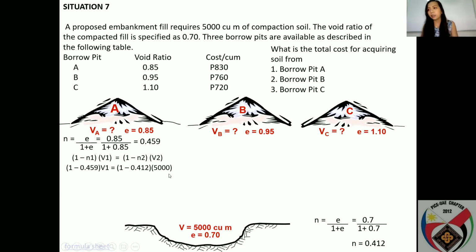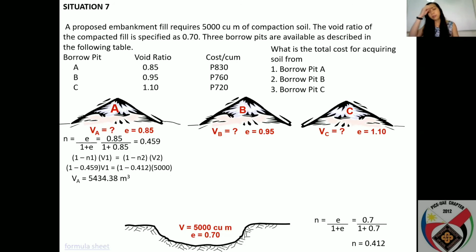Solving for V1, or V sub A, we have 5,434.38 cubic meters.